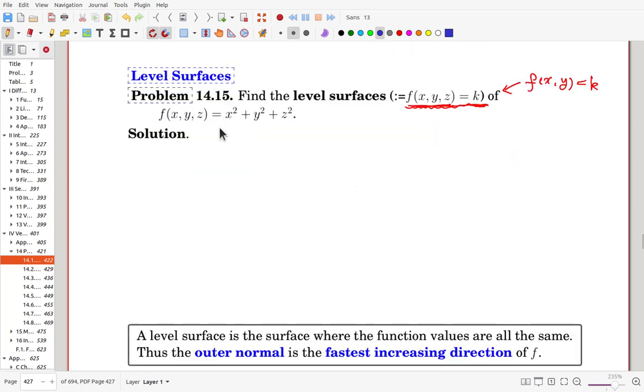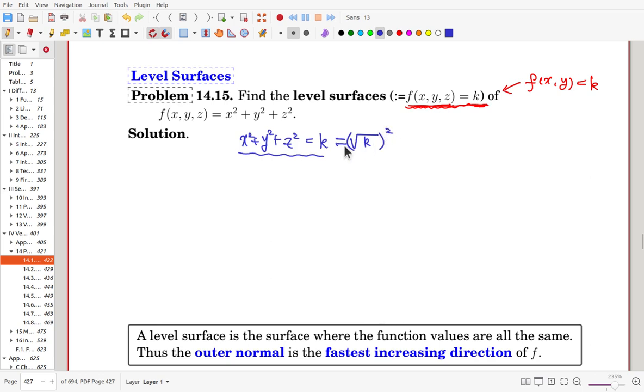Now for the function, level surfaces, from this definition, we can write in this way: x squared plus y squared plus z squared equal to k. These are level surfaces, so we may write this one in this way: the square root of k, squared.